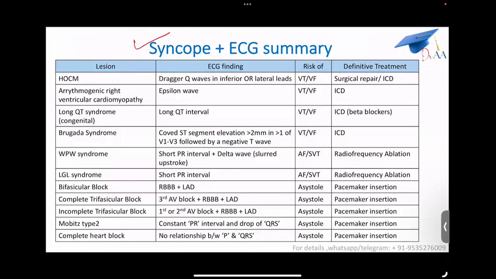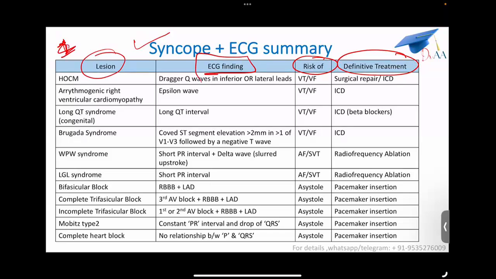Now he's completely asymptomatic. ECG has been taken. What's your diagnosis? Or what is this patient at risk for? What is the definitive treatment? What is the diagnosis, depending on the ECG findings? So if you can remember this summary, then you can definitely answer one question, if not more.